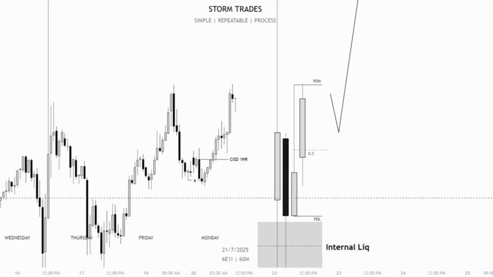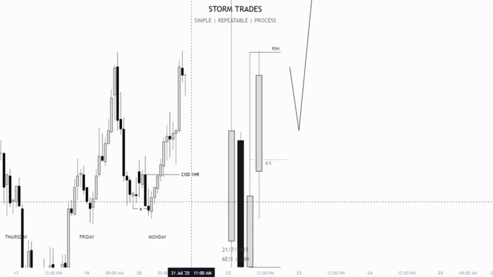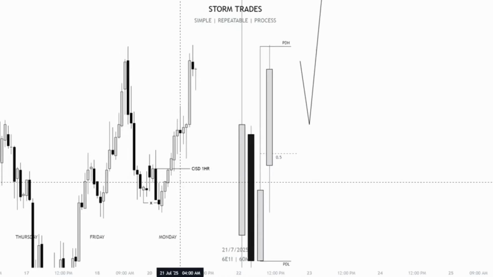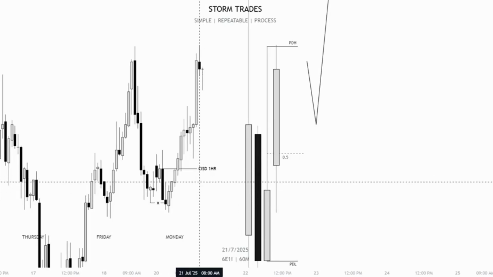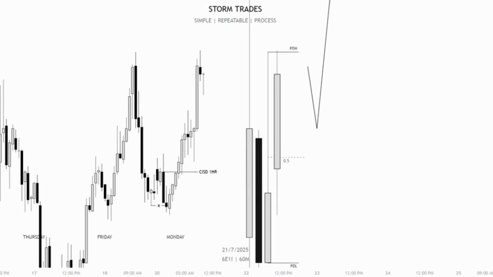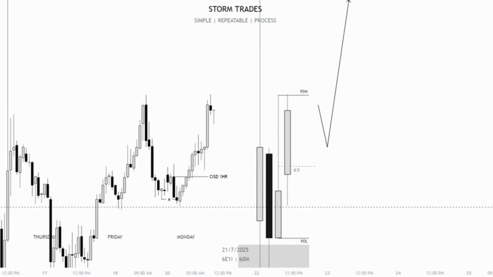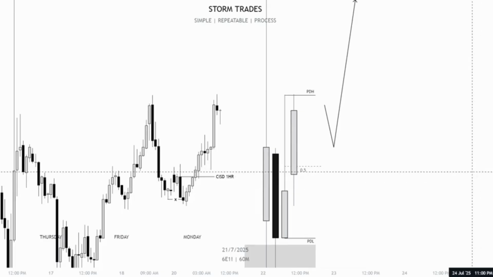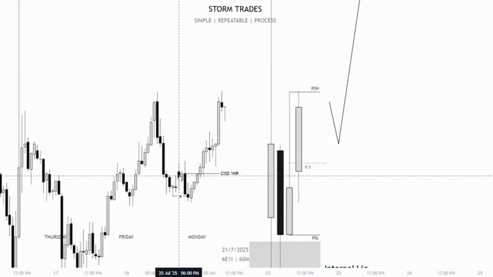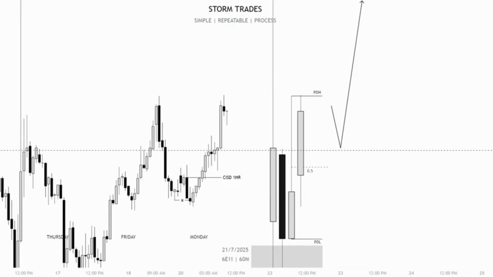If you look close here below the change in state of delivery, we confirmed it in the form of leaving behind some imbalances, so we have a fair value gap right there. Imbalances are also little tells as to which side of the market we are now trending. So order flow to me looks bullish after we made this change in the state of delivery.